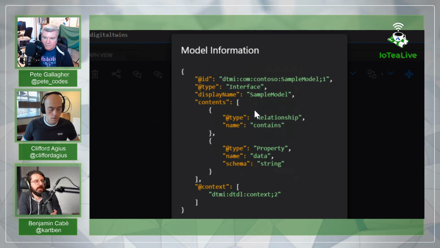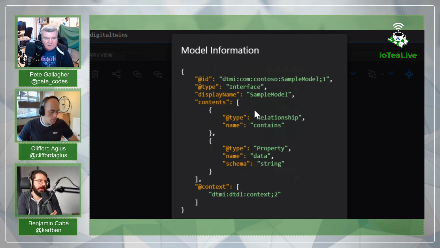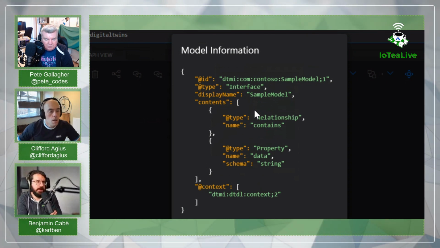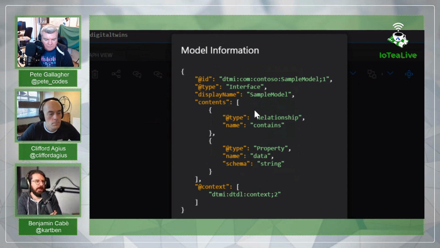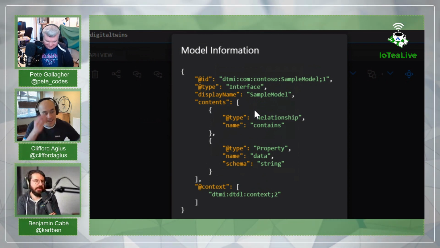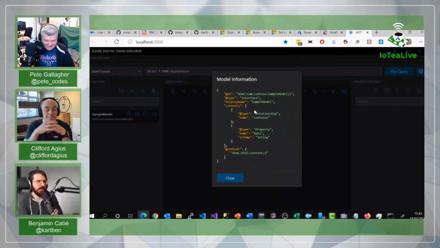In this particular case, the relationship doesn't seem to be particularly constrained, so a sample model thingy can be connected to another sample model thingy. That's not super useful, but that's what you're able to manipulate already in your digital twins instance.